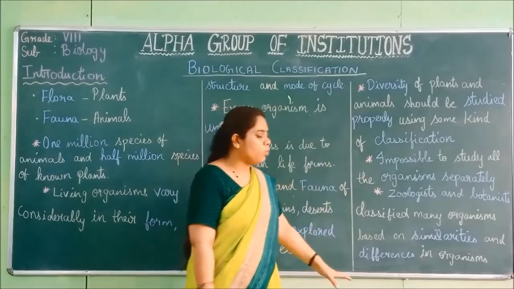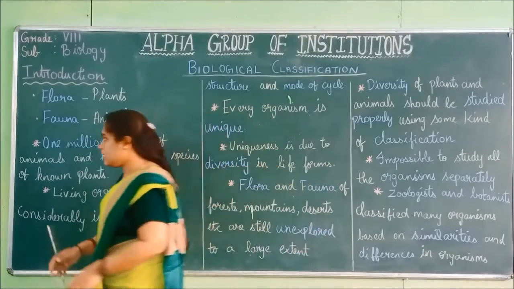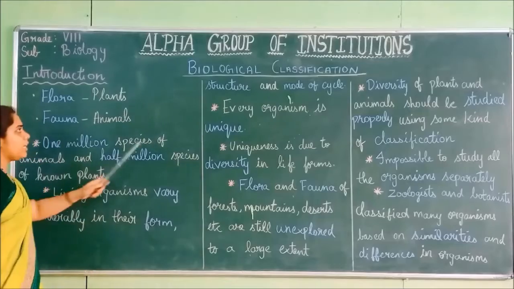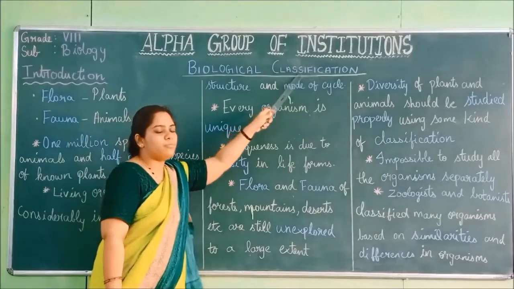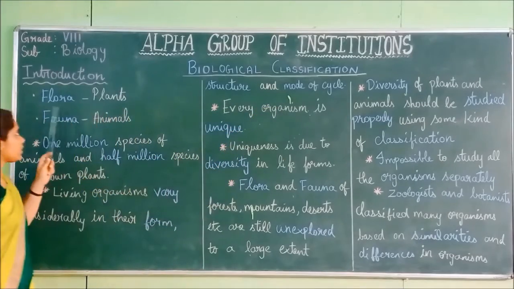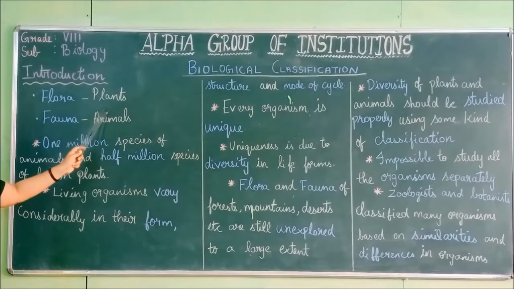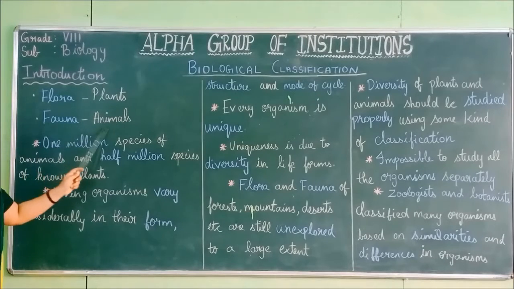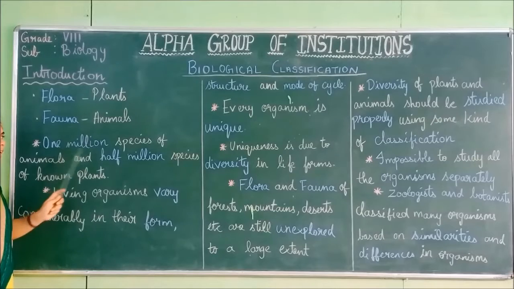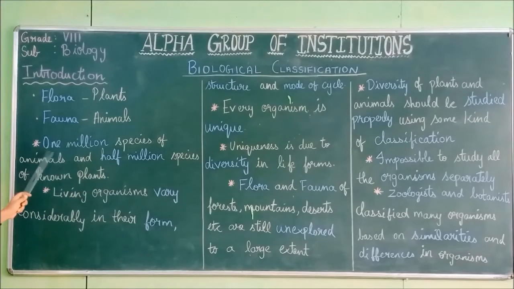Now I will give you a short recap from the first. In this lesson, biological classification, we saw what is flora. Flora means plants, fauna means animals. There are 1 million species of animals present on the earth. That is only the known number. And 500,000 species of known plants are there on the earth.